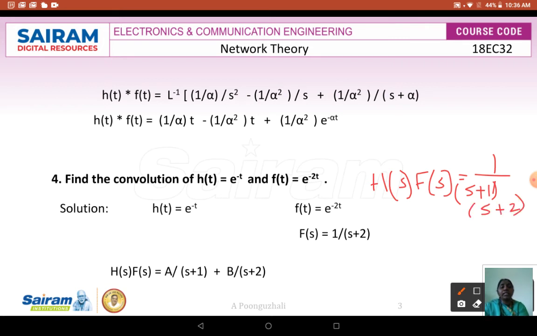So I can write it as a by s plus 1 plus b by s plus 2.